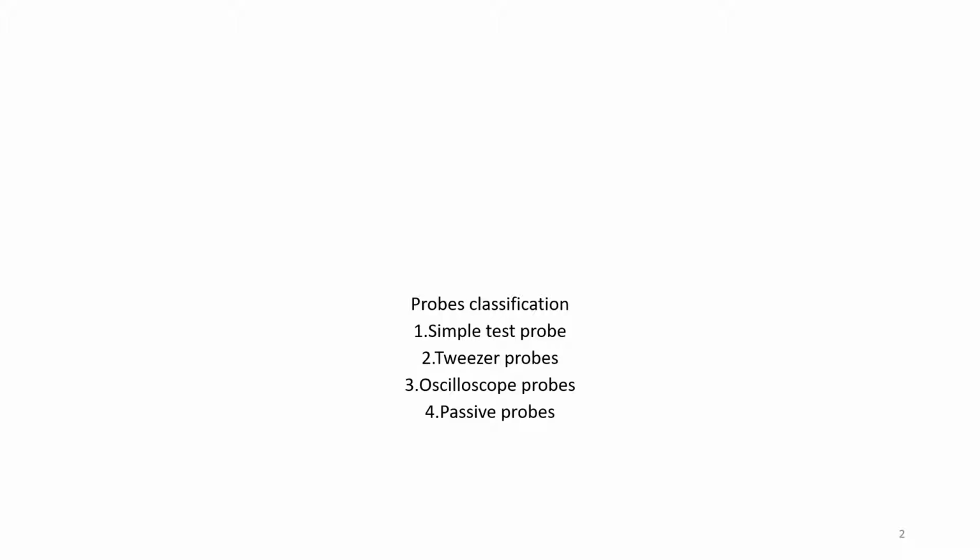Simple test leads, the probes may be classified as the simple test probes, the tweezer probes, the oscilloscope probes, the passive probe, the active probe, the AC probes, the DC probes, high voltage probe, it may be a current probe, a logic probe, and the demodulator probes, the temperature probes, etc. This is how we classify the probes which we use for measurements.